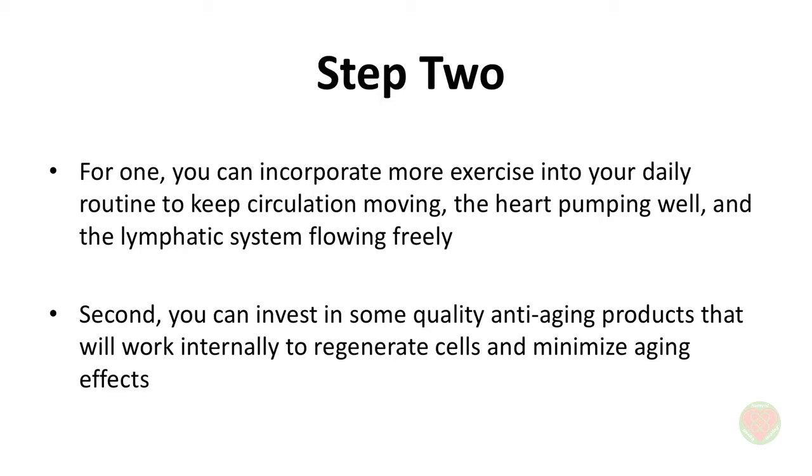For one, you can incorporate more exercise into your daily routine to keep circulation moving, the heart pumping well, and the lymphatic system flowing freely. This will, among other things, nourish and replenish your cells well. Second, you can invest in some quality anti-aging products that will work internally to regenerate cells and minimize aging effects. A lot more on this in upcoming chapters.